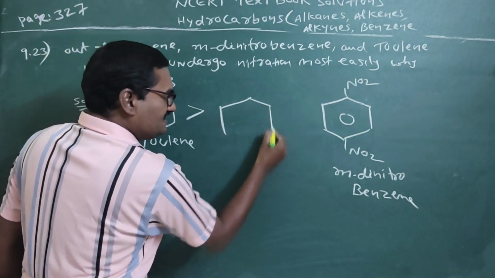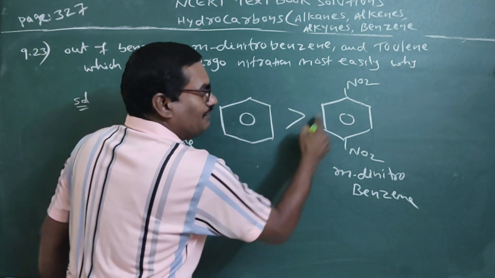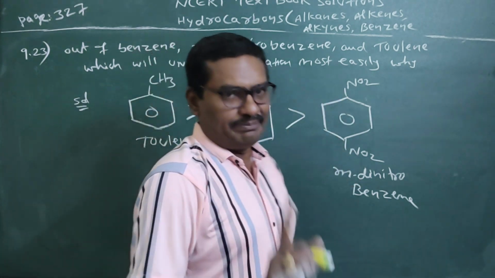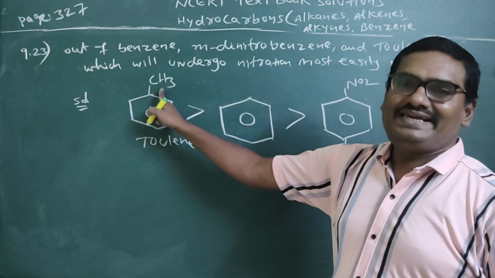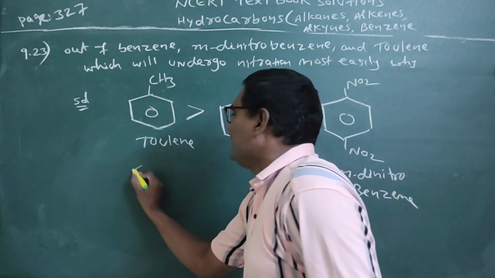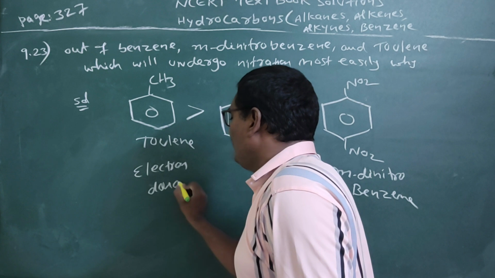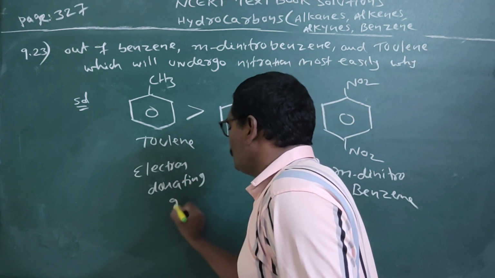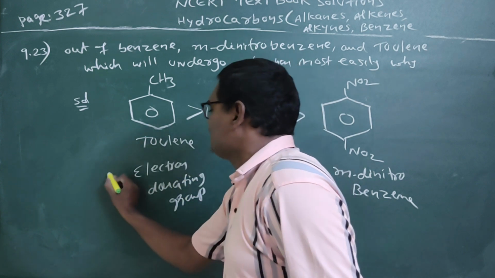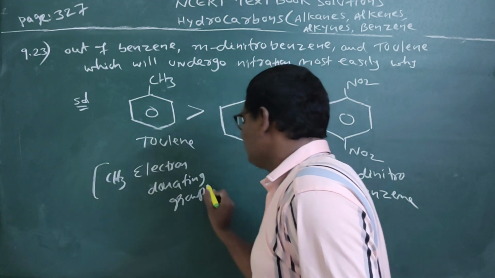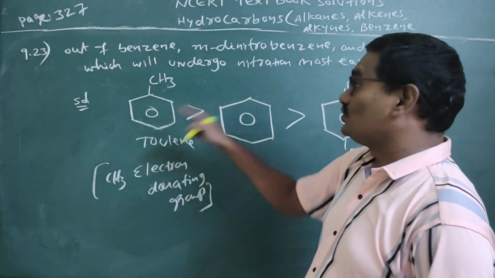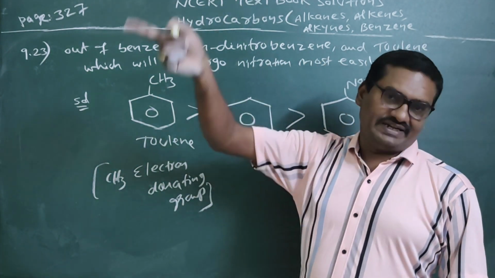Toluene is in first place, second place benzene, third place metadinitrobenzene, because CH3 is an electron donating group. So CH3 is an electron donating group, so the reactivity is very high.